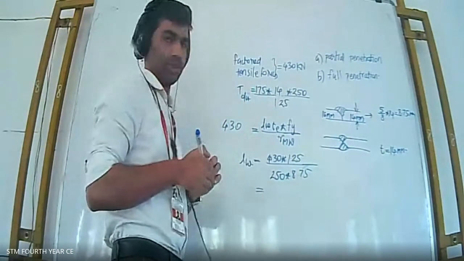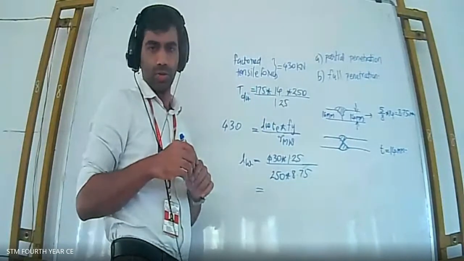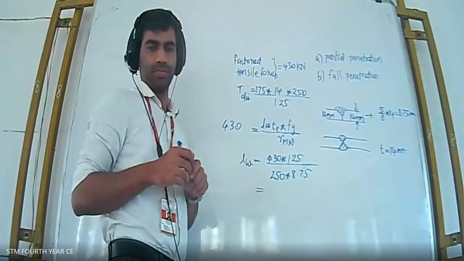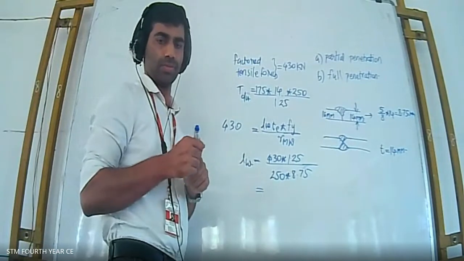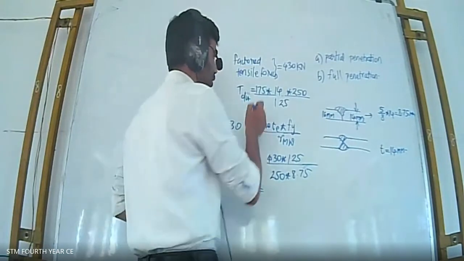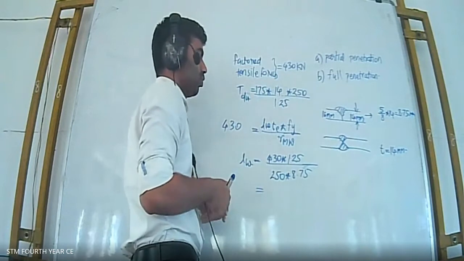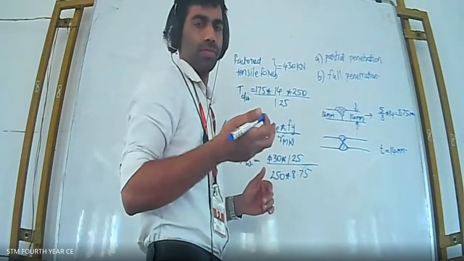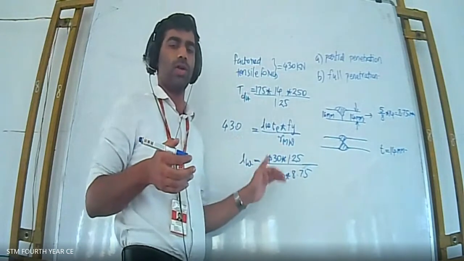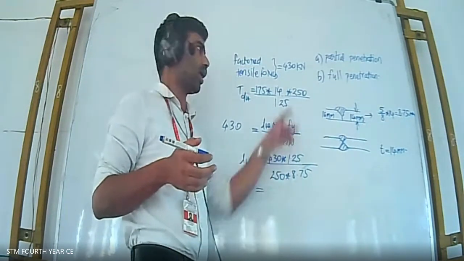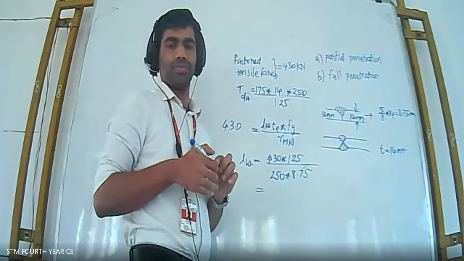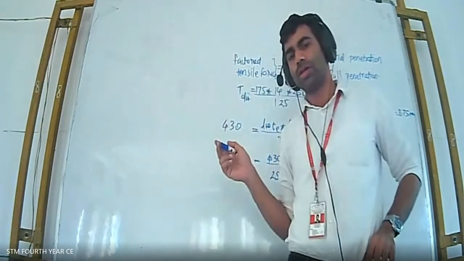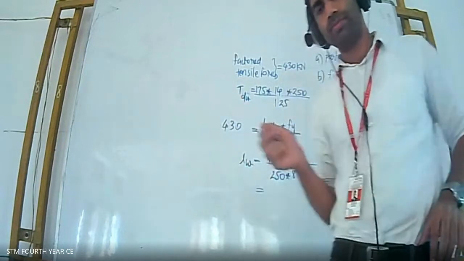So how much are you getting? Just inform me. Asano, how much value for the new Lw are you getting? Anaka. A value greater than this one will be obtained. That value you have to provide, then only it will be safer to carry this 430. So how much length are you getting for the weld?